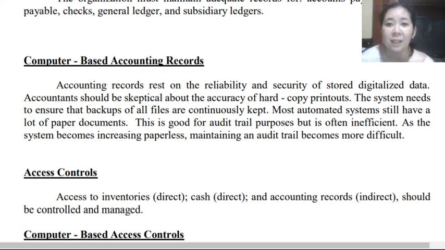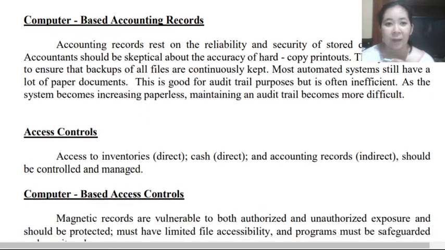Most automated systems still have a lot of paper documents, however. This is good for audit trail purposes, but it is often inefficient. As the system becomes increasingly paperless, maintaining an audit trail becomes more difficult because it will eliminate the audit trail.